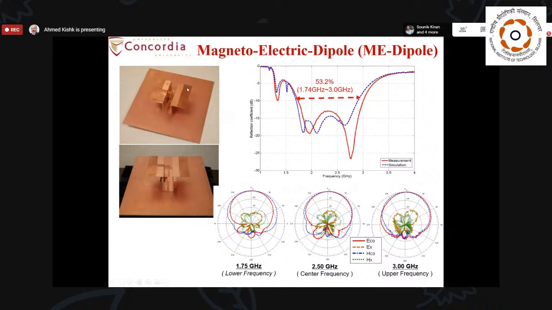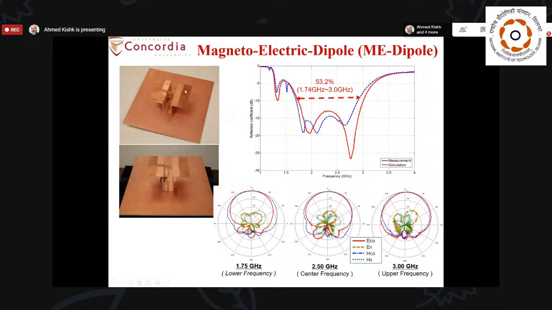But if I increase the wire diameter and use a conducting plate, and I make it lambda over 2, that means the gap that I am exciting the dipole with will have a length of lambda over 2. This has a field distribution that is acting as a magnetic dipole.